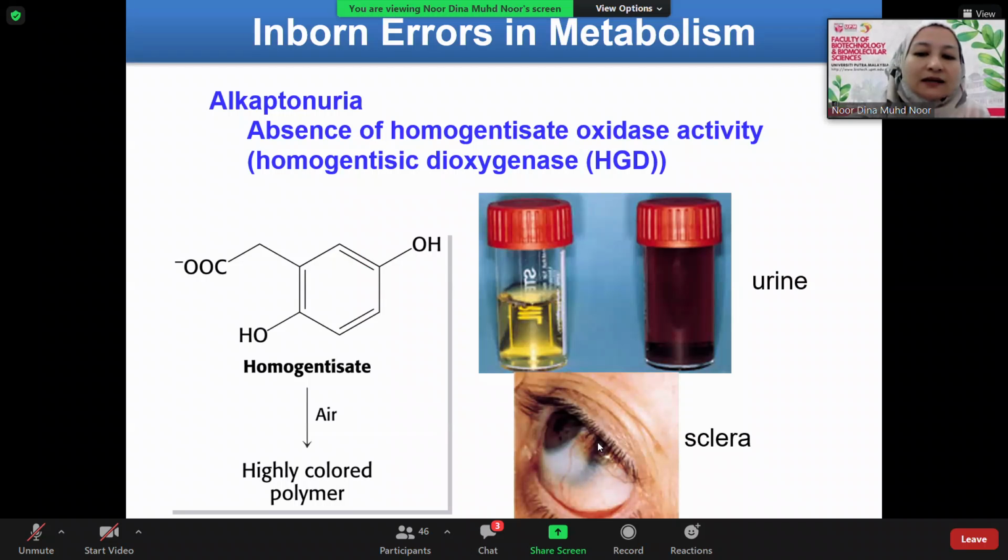Then they have the formation of dark spots like this at the area of the white of the eyes, what we call the sclera. When the enzyme homogentisate oxidase activity is absent, the homogentisate will be easily oxidized in the air when exposed to the air, and it will become a highly colored polymer.